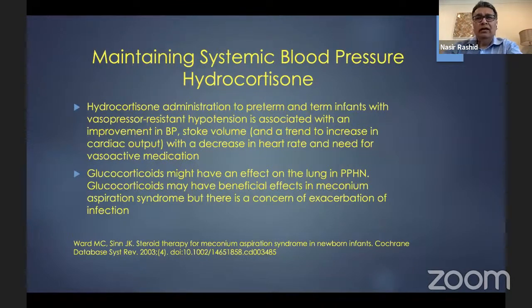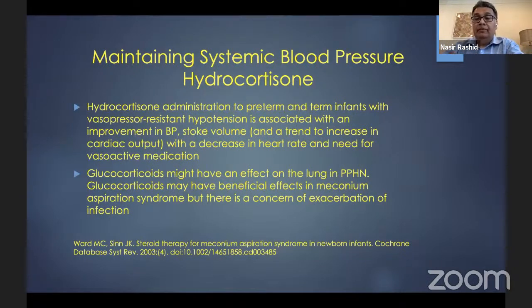I do not use it when I'm suspecting that the kid is simultaneously septic, but there are data available where people have used it as a last resort before shipping the baby out again for ECMO. So what it does is that it increases the blood pressure, it increases the stroke volume, it decreases the heart rate, and it actually decreases the need for the several inotropes that can be used.